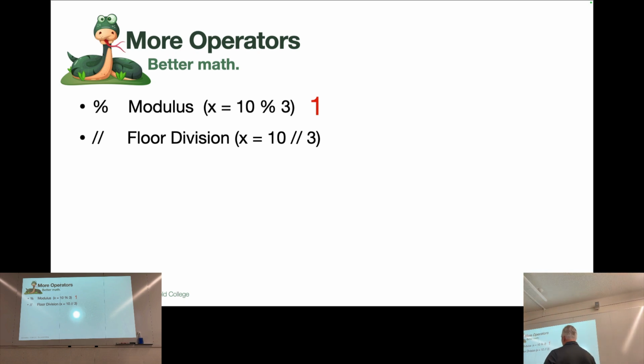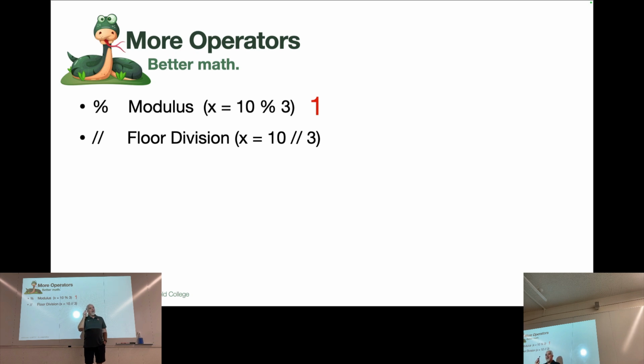Floor division. Okay, floor division is basically the equivalent of doing the division and then converting it to an int, because whatever's left past the decimal just goes away. So 10 floor divided by 3 is what? 3. It's just 3. The nice thing about floor division is that it returns an int. Any other division problem, even 3 divided by 1, will return a float.